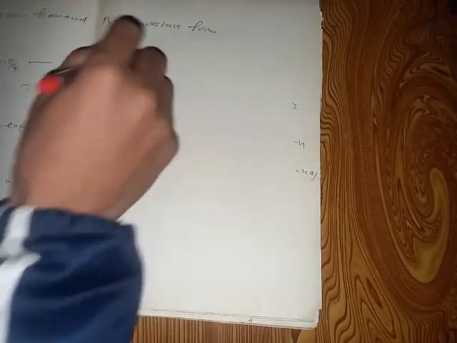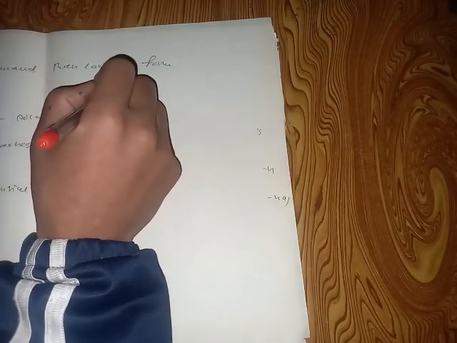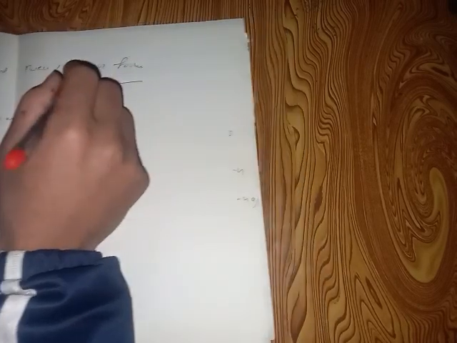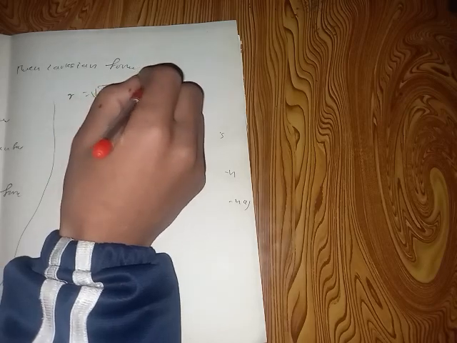The value of cos pi by 4 is 1 upon root 2, and the value of sin pi by 4 is 1 upon root 2. This is called the polar form, and this is called the Cartesian form.